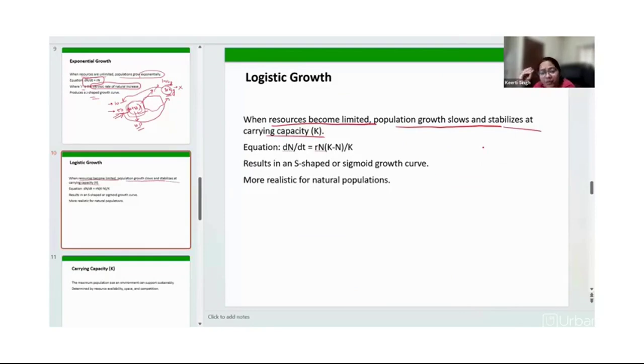This is the maximum number of individuals, the maximum population, that can use that particular resource in a fixed period of time, right? And this will result in an S-shaped or sigmoid growth curve. This is more realistic for natural populations, right?